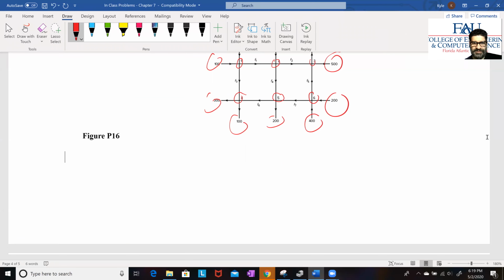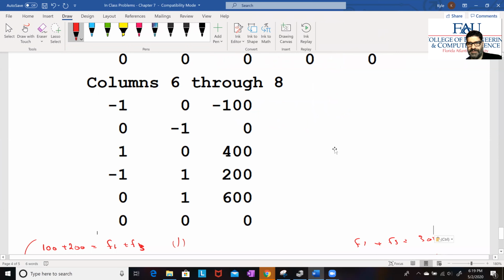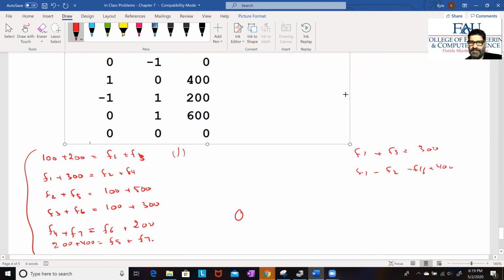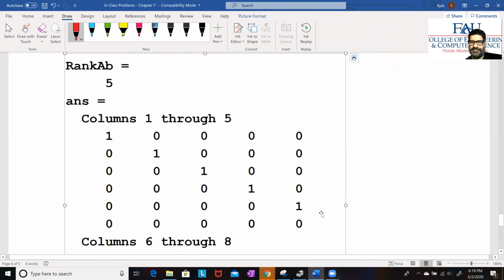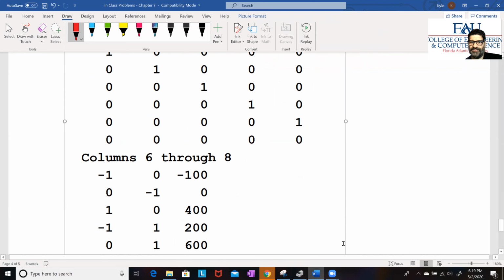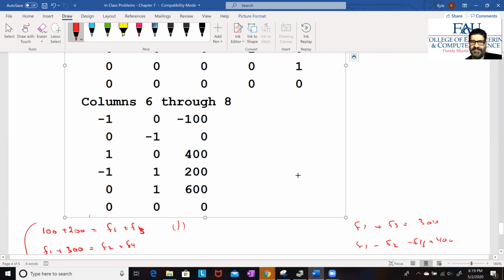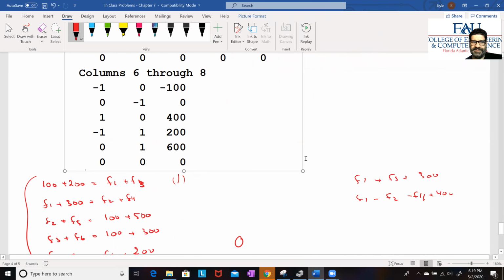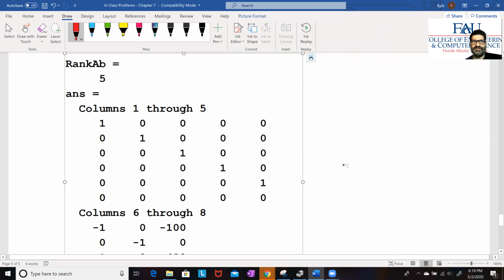Let me just do this one here. I'm going to write these equations and see exactly what I mean by that. This is columns 1 through 5.